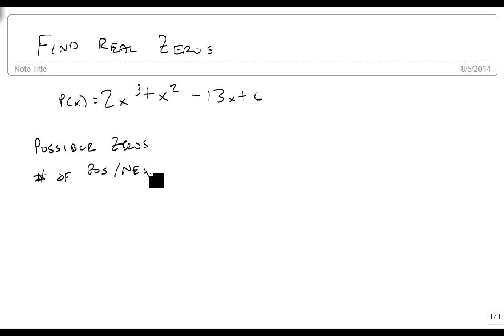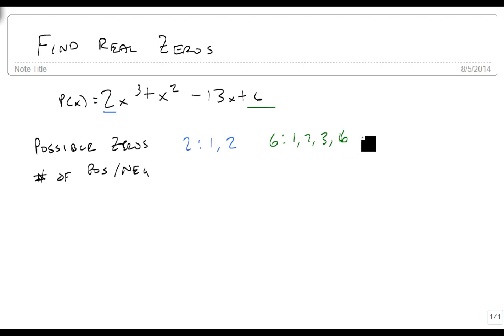So we're going to use the rational zero theorem first, which says that my denominator is factors of 2, which are 1 and 2, and my numerator is factors of 6, which is 1, 2, 3, and 6.